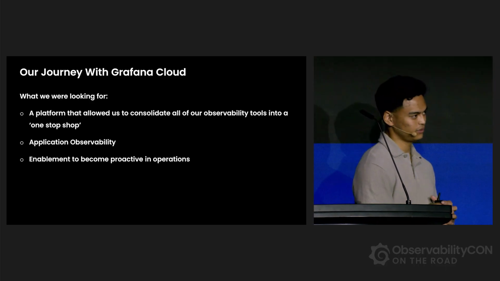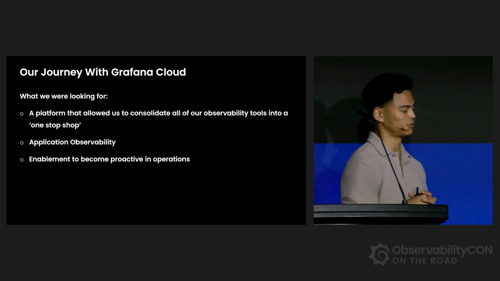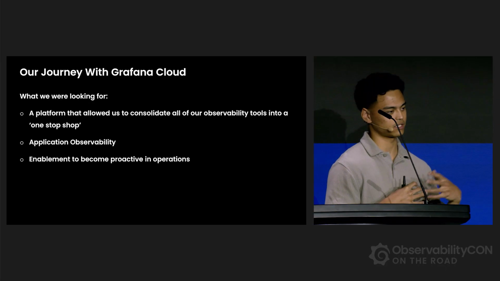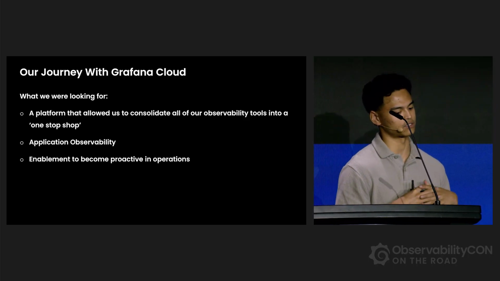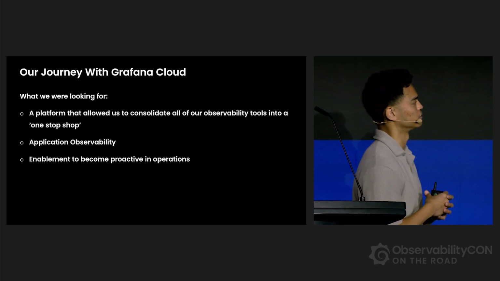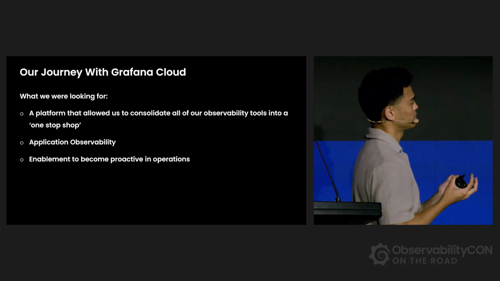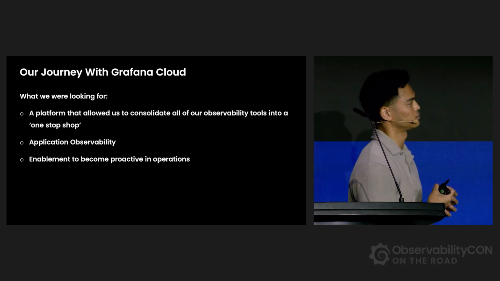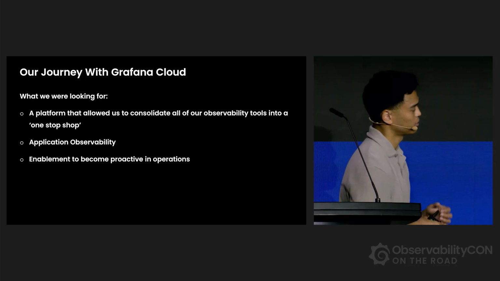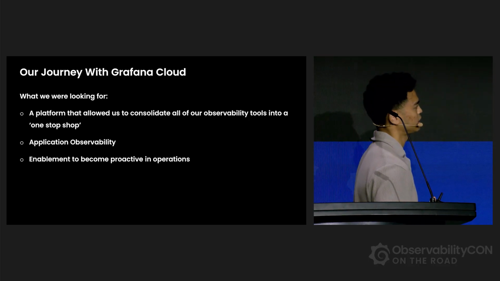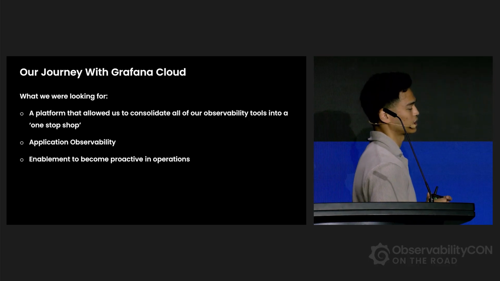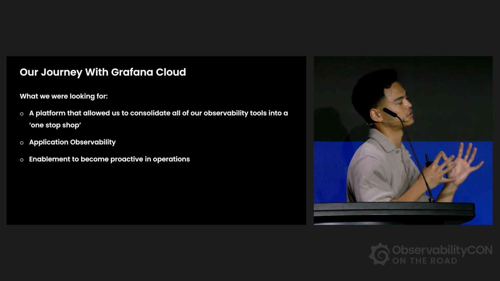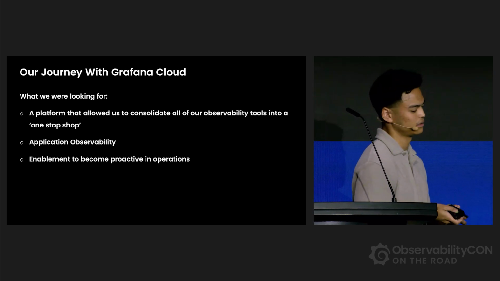Once we decided we needed a unified observability platform, the next thing we had to define was what we were looking for. It was a platform that allowed us to consolidate all of our observability tools into a one-stop shop, with application observability and the enablement to shift towards a proactive state.